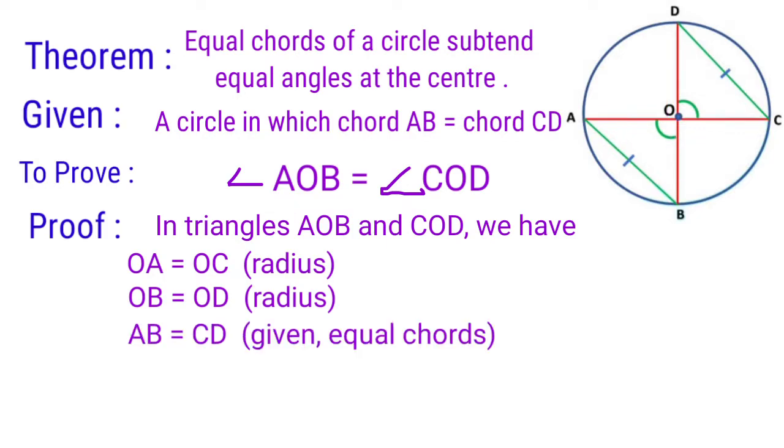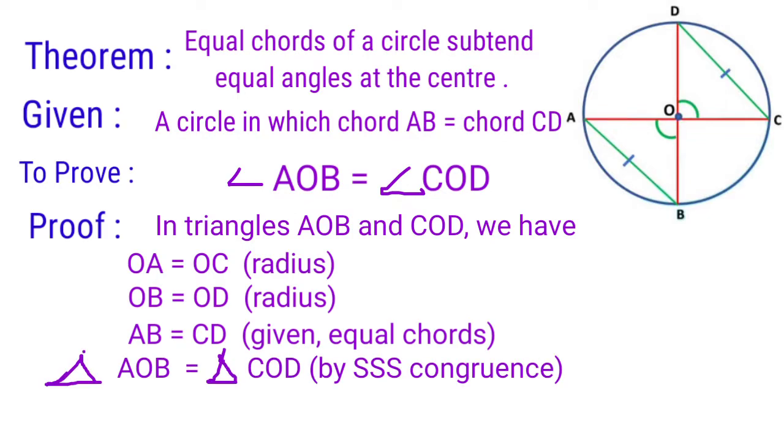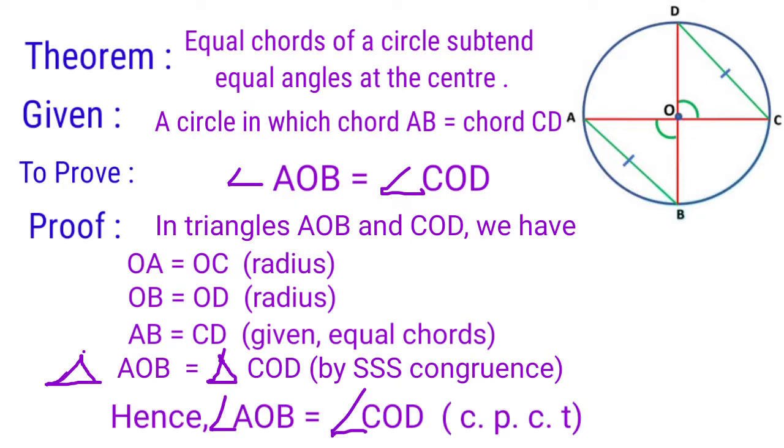And AB is equal to CD, it is already given. So by the SSS congruency condition, triangle AOB is congruent to triangle COD. Now as we know by CPCT, the corresponding parts of congruent triangles, angle AOB is equal to angle COD, hence proved.